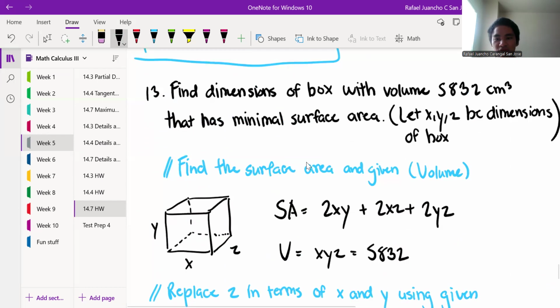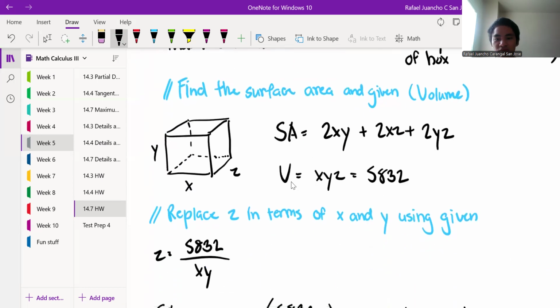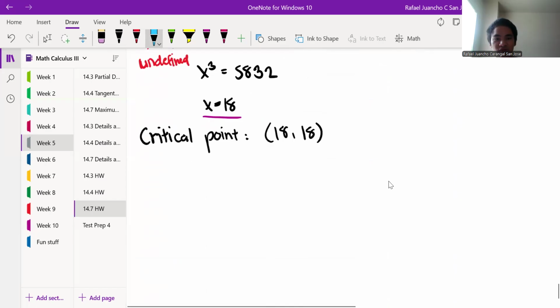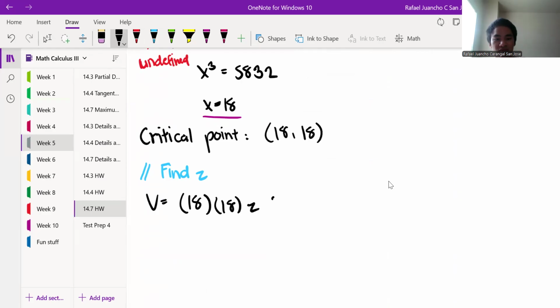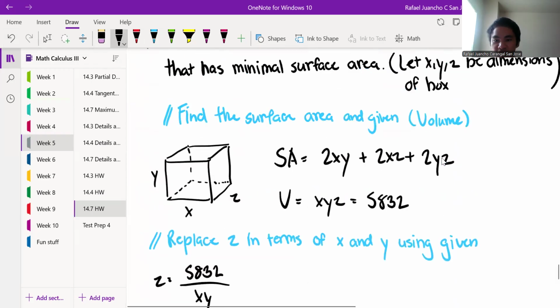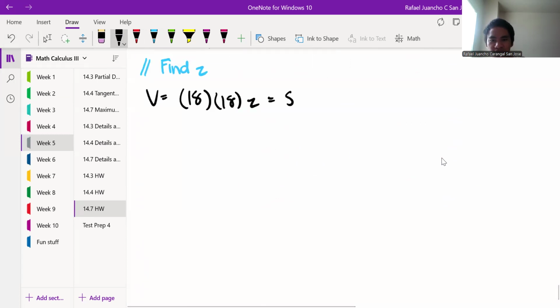Well, we just plug it into the volume, right? So from there, now we want to find z. And so our volume, which is 18 times 18 times z, is equal to 5832.